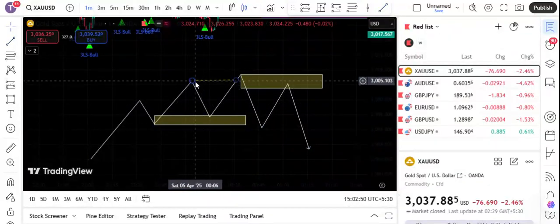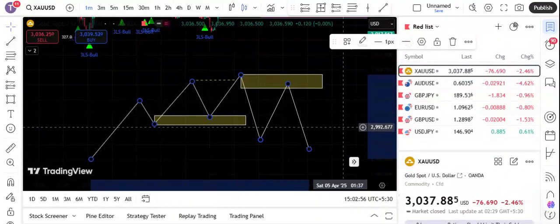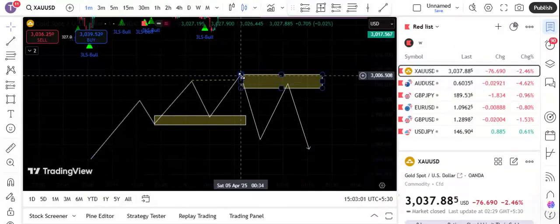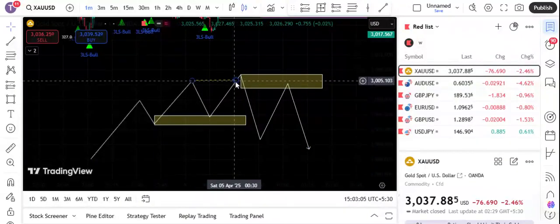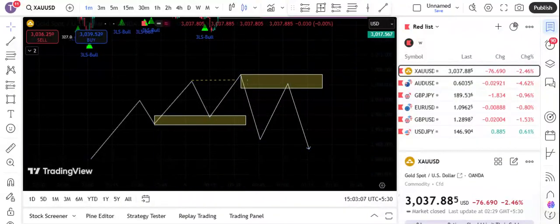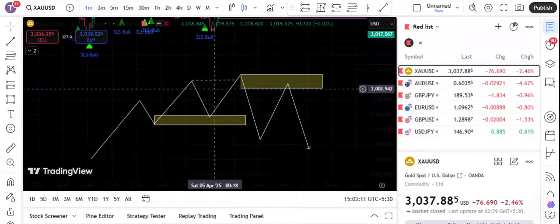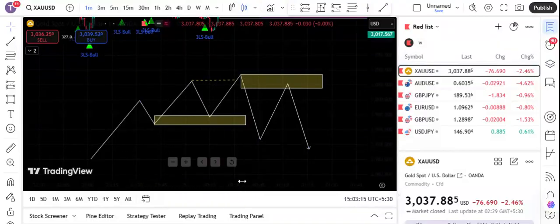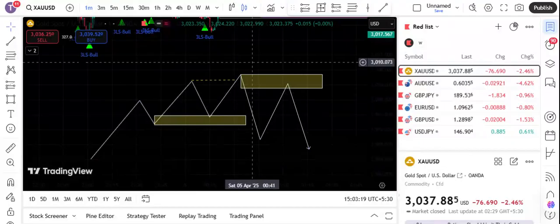Here, this was a very good zone. What did we see? Here, the price came up, indicating that it made a break of structure. It has made a new higher high. Maybe there will be people who are shorting down here, and there will be people who may long from here.